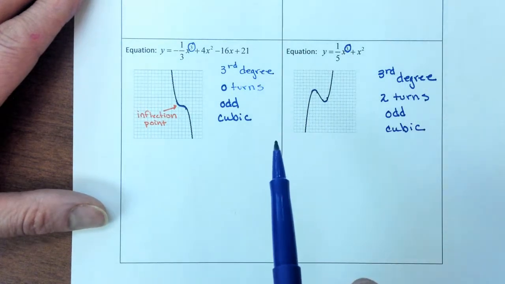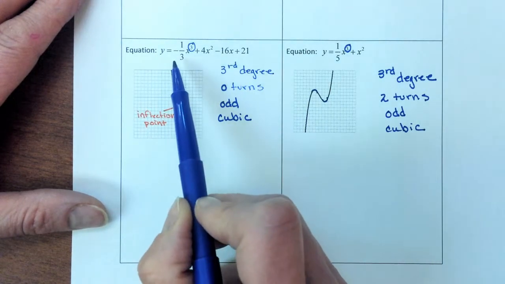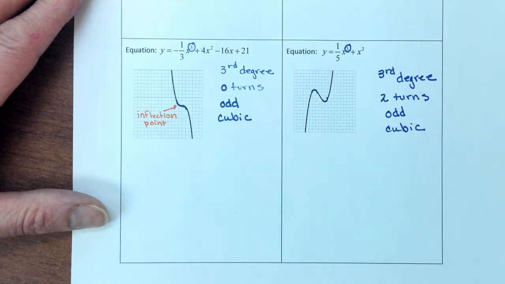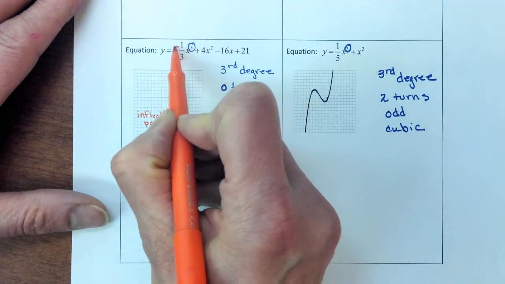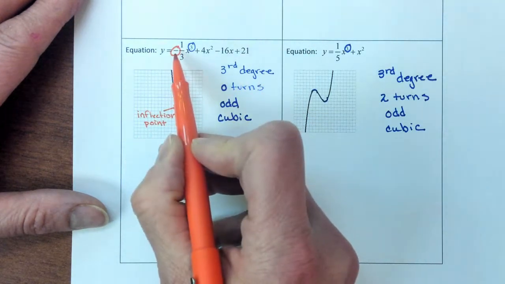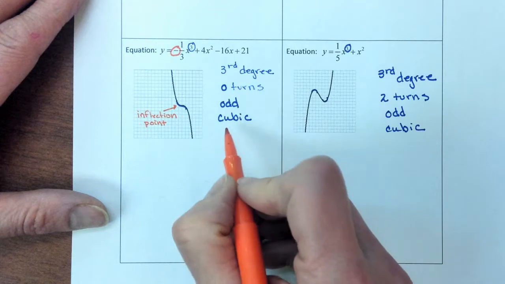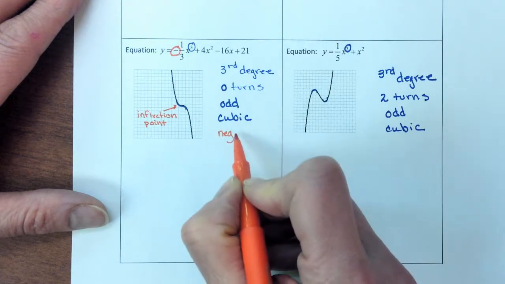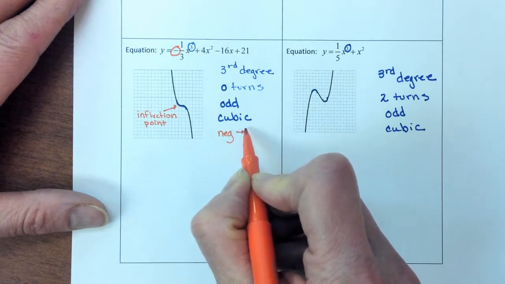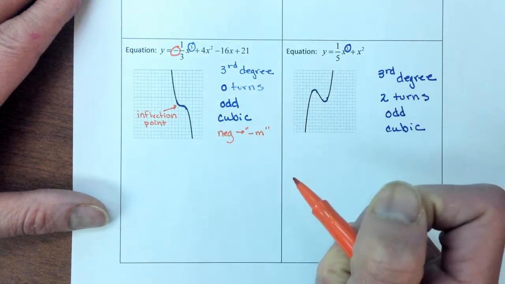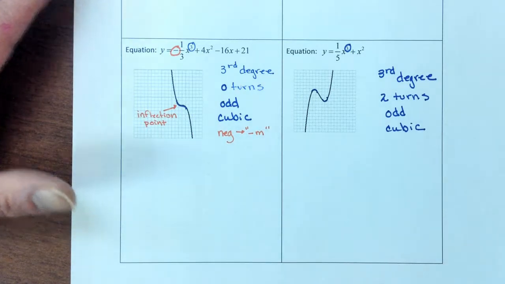Let's also talk about what this does as far as end behavior. Notice that this negative here, this negative on this one, makes this also a negative function. When we think negative, we're going to think of negative slope, but it literally doesn't have a slope.